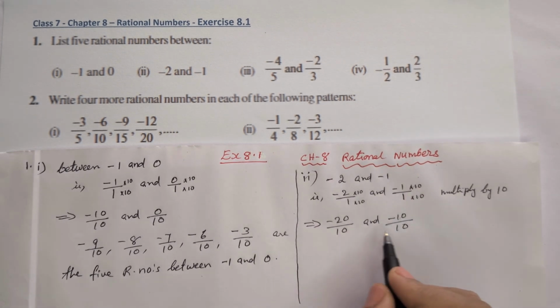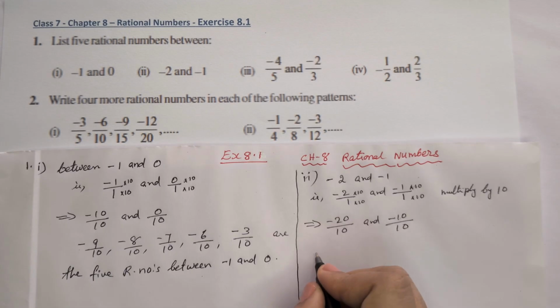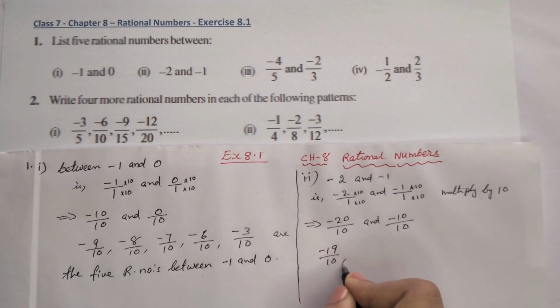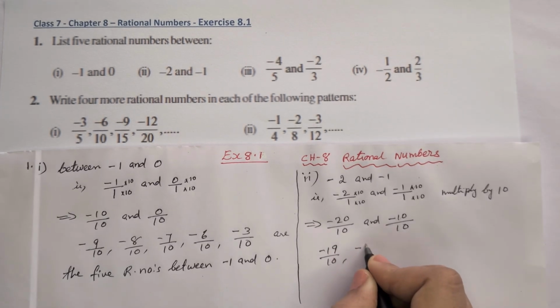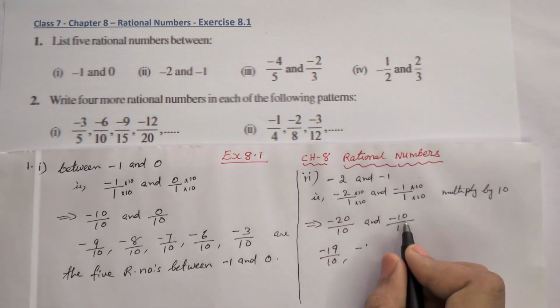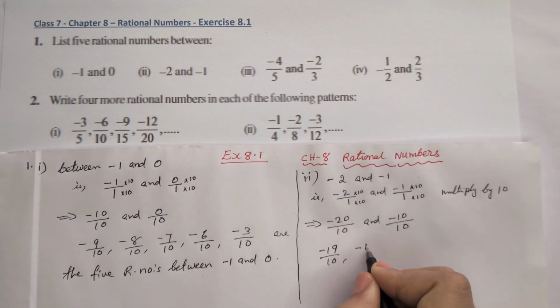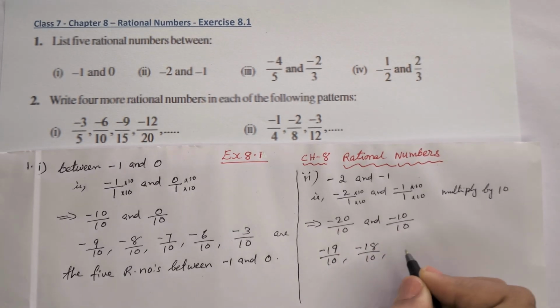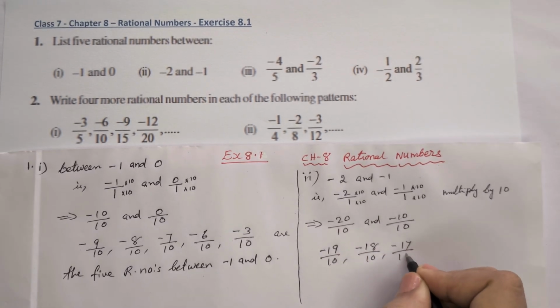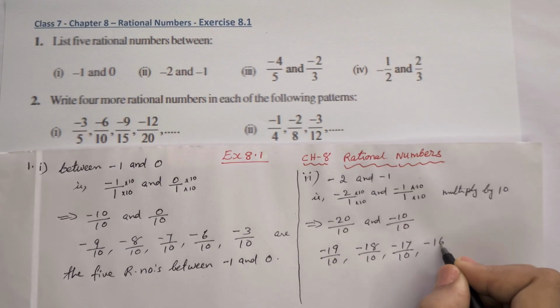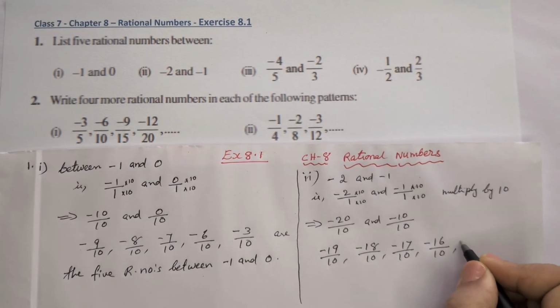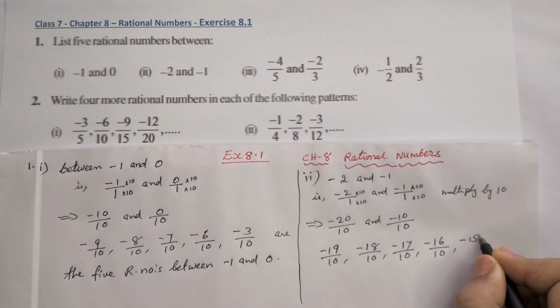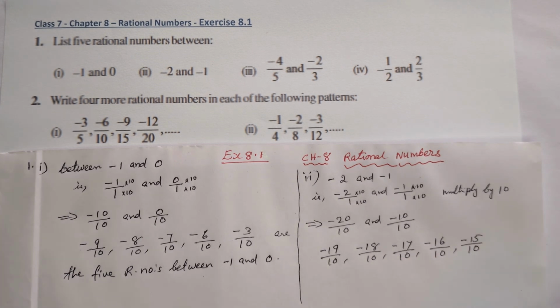Here also we can see in between a few rational numbers. Out of that we can write -19 by 10, -18 or -17, any number in between -20 by 10 and -10 by 10: -18 by 10, -17 by 10, -16 by 10, then -15 by 10 are the 5 rational numbers between -2 and -1.